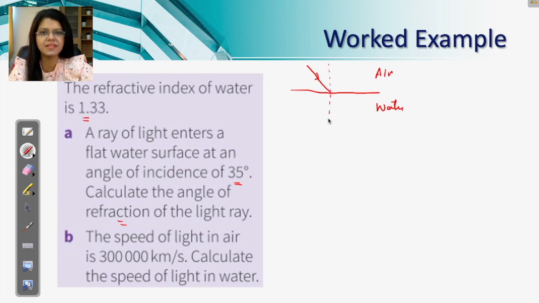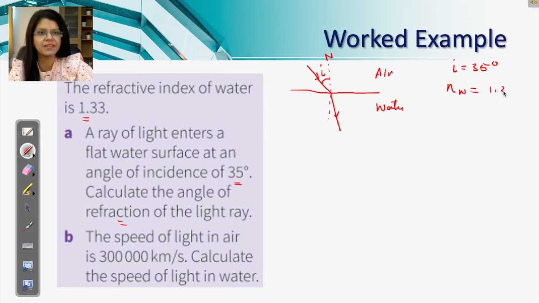I am drawing the normal as a dotted line and it enters the water at an angle of incidence, I, which is how much? 35 degrees. The refractive index for the water, let's call it n_w, is given to you as 1.33. Calculate the angle of refraction.